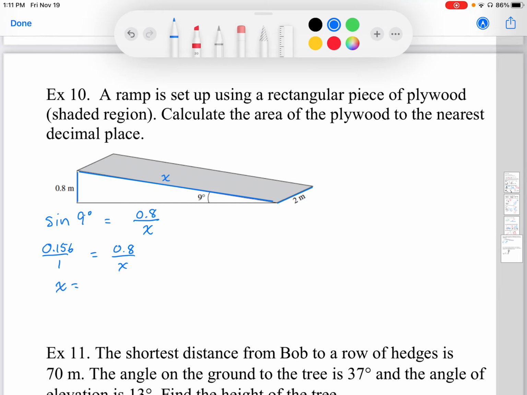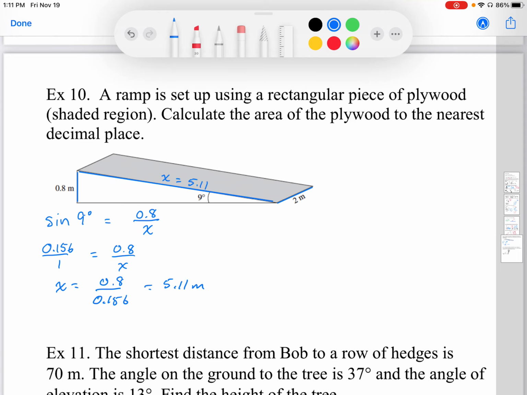Solving this proportion, x is equal to 0.8 divided by 0.156. Typing that into my calculator gives me 5.11 meters. So that's the length of that diagonal line.